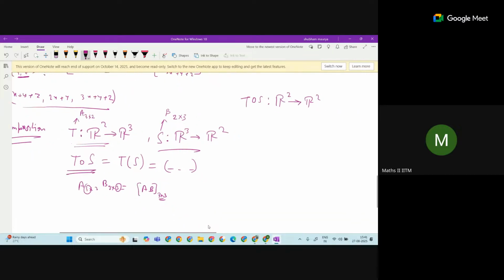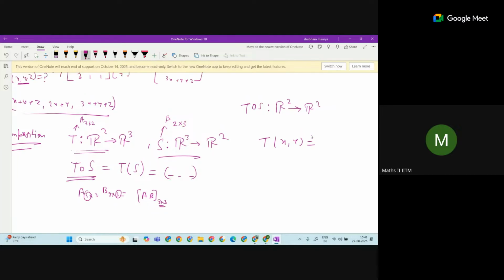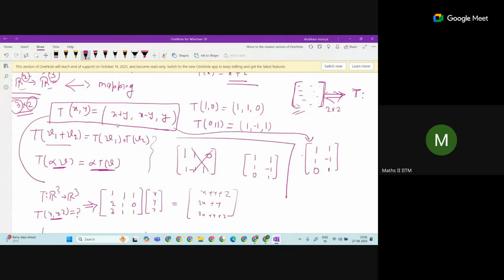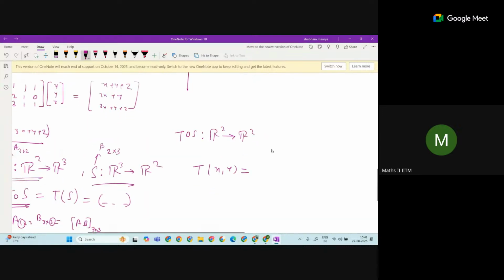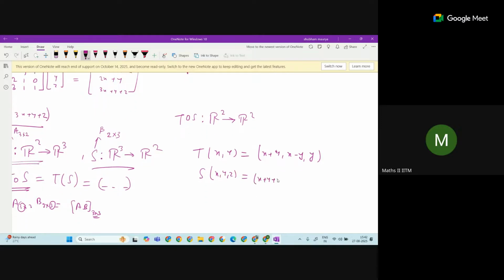Let's do one problem here. It will be very much clear. Let's say I have T of X, Y, which is going to be X plus Y, X minus Y, and Y. And S of X, Y, Z is X plus Y plus Z and X minus Y minus Z. These are the two linear transformations we have.